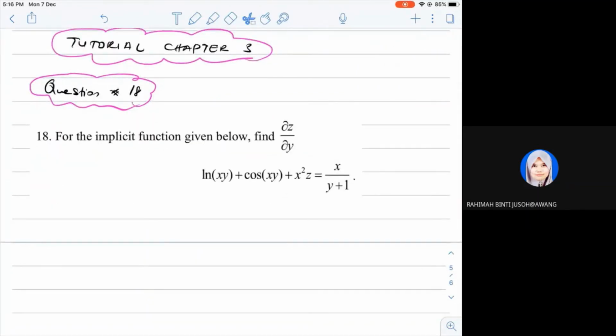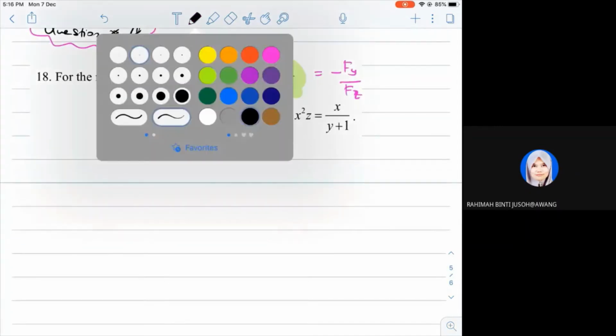So you are given this function and the question asks you to find del z over del y. Of course, when we use the second method, this is equivalent to negative what? Fy over fz. Yes, fy over fz. Okay, so first step, what to do?